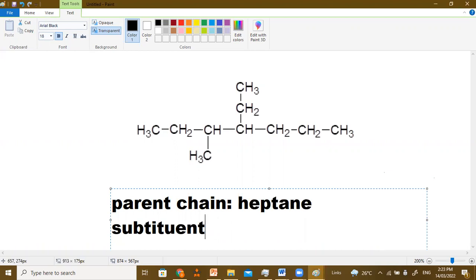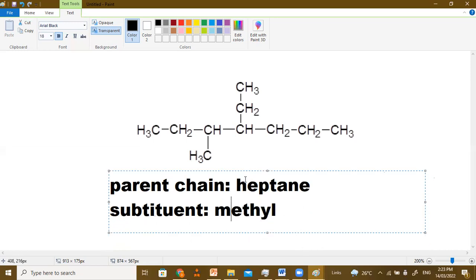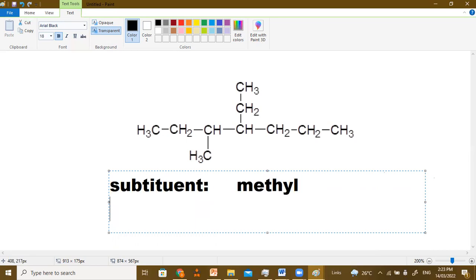And our substituent, anyone? 3-methyl, ma'am. Our substituent, 3-methyl: we first identify that it's methyl, and we also have ethyl. Yes, we have methyl, and we also have our ethyl.